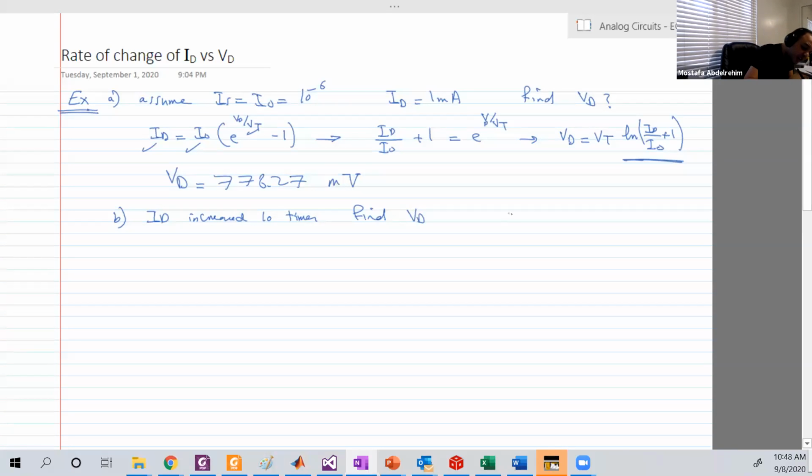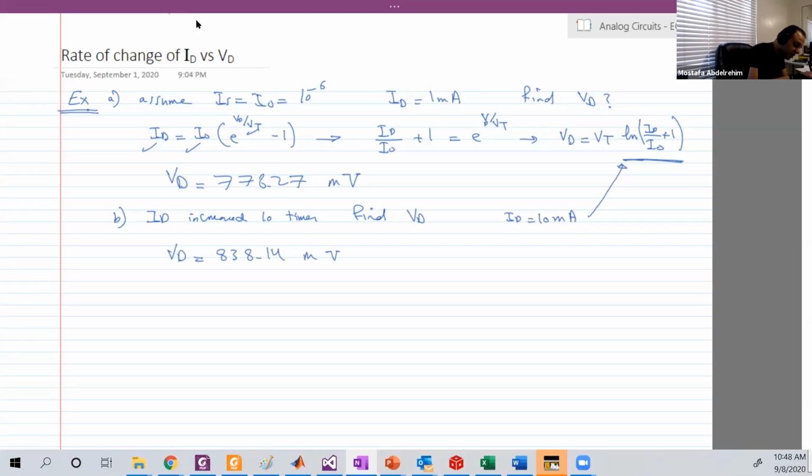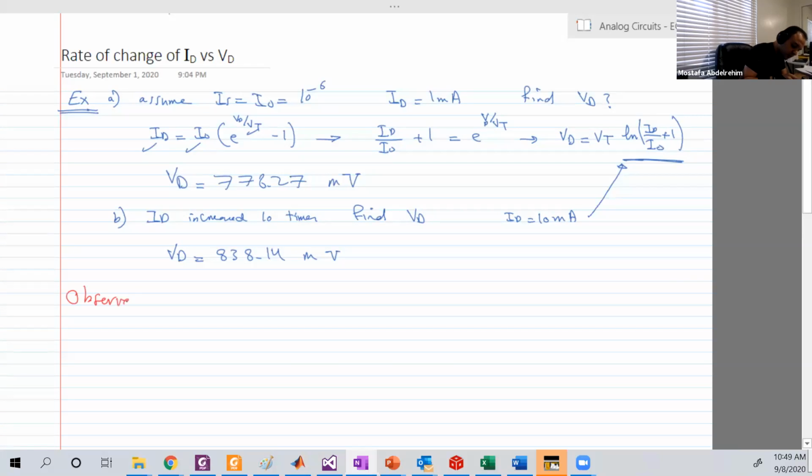So now ID is equal to 10 milliamperes. What is VD? Again, we plug into the equation and find that VD is equal to 838.14 millivolts. So very important observation, two observations here. Observation 1.